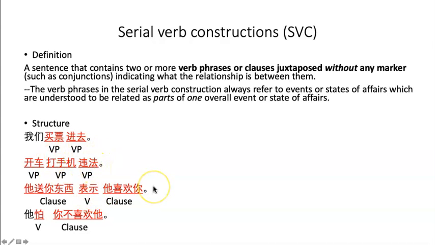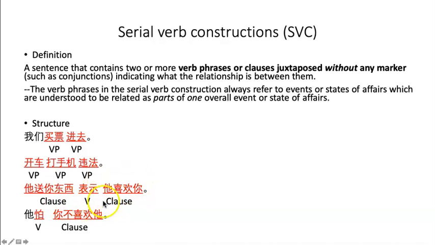The third sentence, 他送你东西表示他喜欢你. 他送你东西 is a clause. Subject, 他送你东西 is a predicate. We just discussed this is a clause. 表示 is a verb or verb phrase, the simplest verb phrase of verb. 他喜欢你 is another clause.